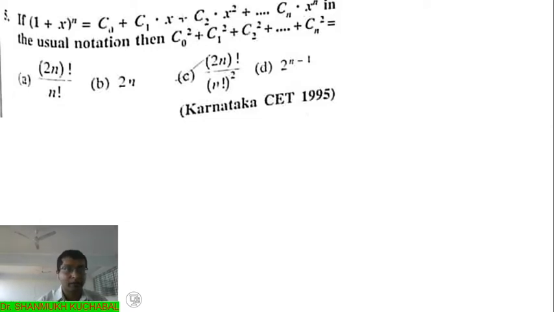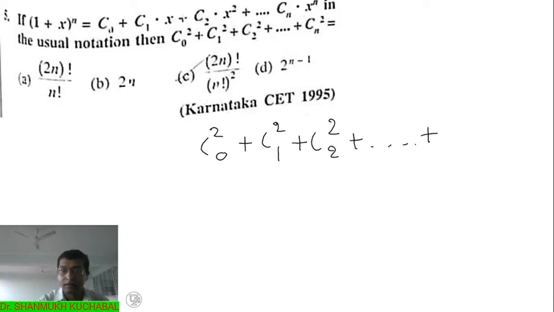First example: if (1 + x)^n = C0 + C1 x + C2 x^2 + and so on up to Cn x^n, with the usual notation, then what is meant by 2C0, 2C1, 2C2, like that up to 2Cn?